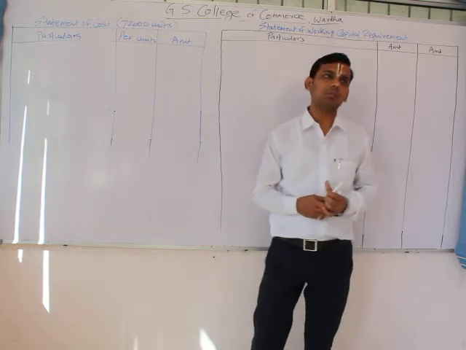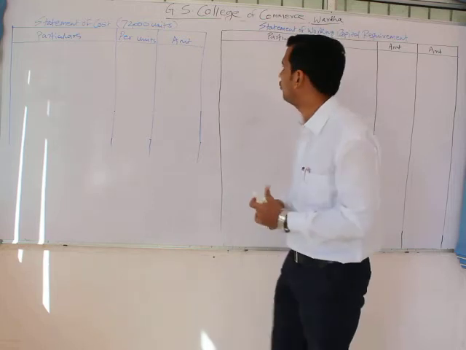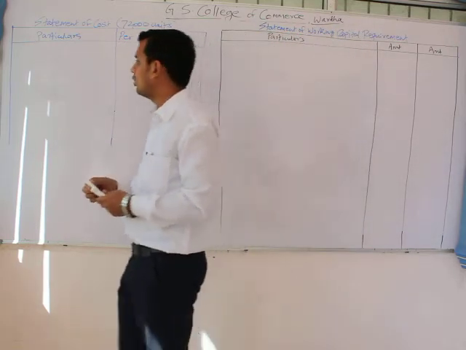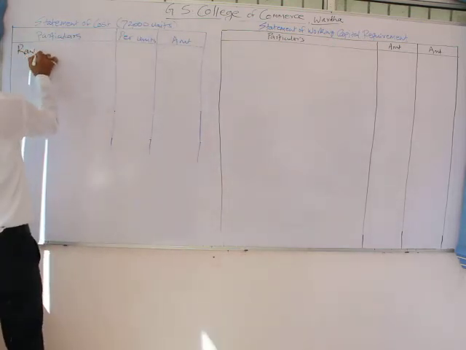For the purpose of calculation of working capital requirement, we first have to go to the statement of cost for 72,000 units. For that, we have to take three things.